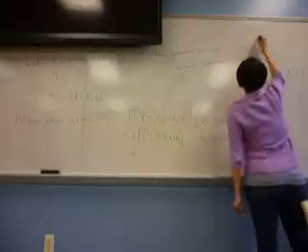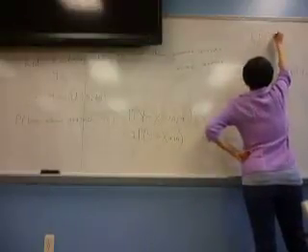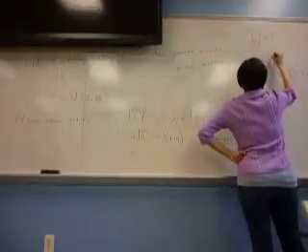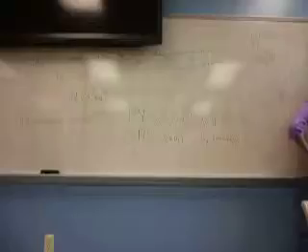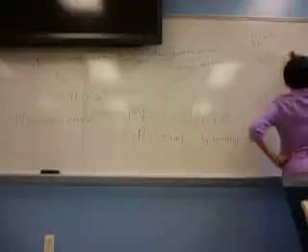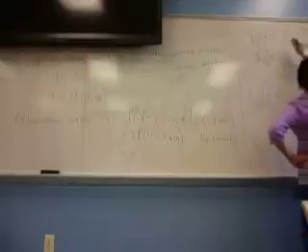Exactly. By independence, we know that if x and y are independent random variables, their joint density function is just the product of the individual density functions. So first of all, let's write down the individual density functions. This is 1 out of 60, and this is 1 out of 60, and 0 otherwise.